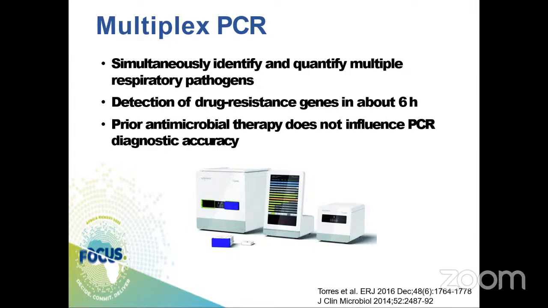And most of them target only the important drug-resistant genes. For example, for pulmonary samples, I know they could do up to 10 of them, and for sputum up to 7. Most of them are carbapenemases, ESBLs, and so on.